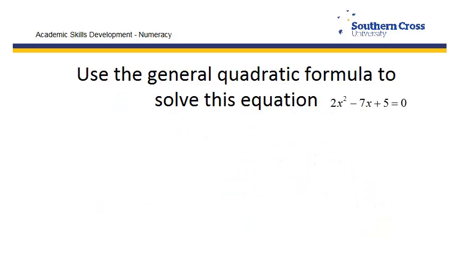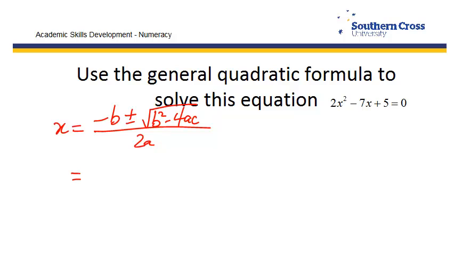In this particular one, we're asked to use the general quadratic formula to find the roots of the equation. So we know that the general quadratic formula is x equals minus b plus or minus the square root of b squared minus 4ac all over 2a, which is equal to, this is our a, this is our b, this is our c.